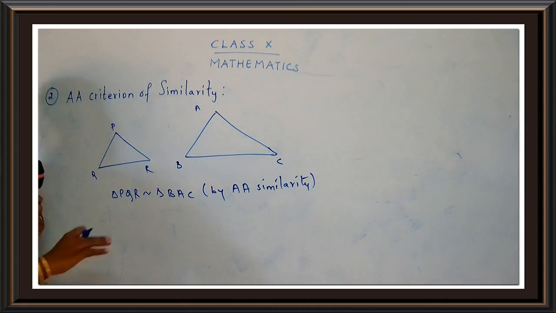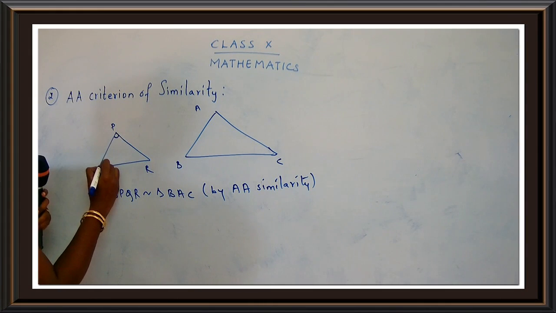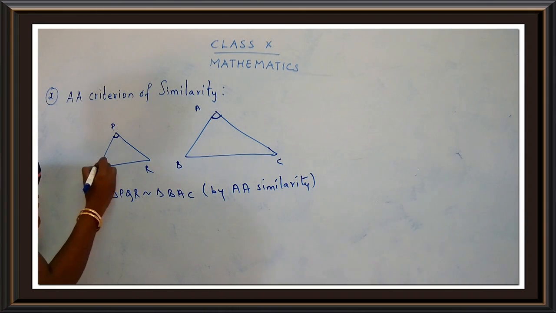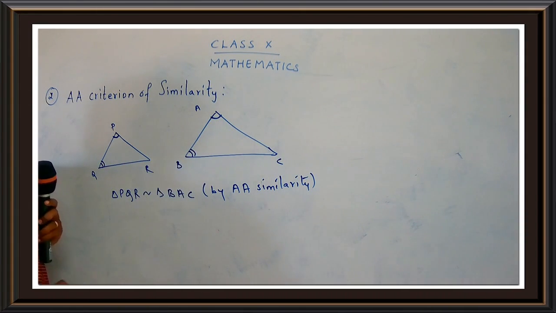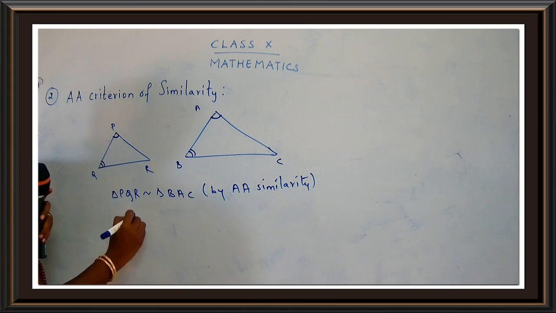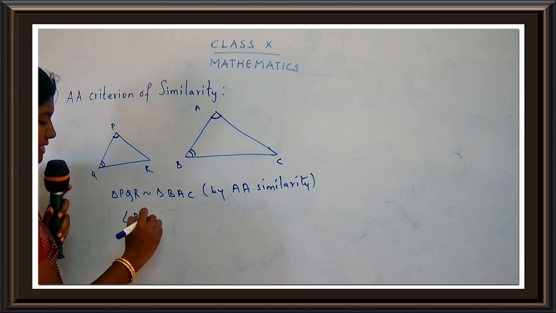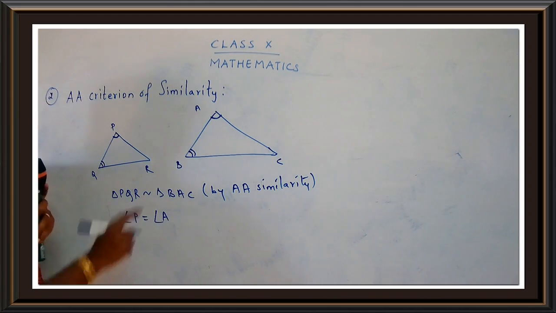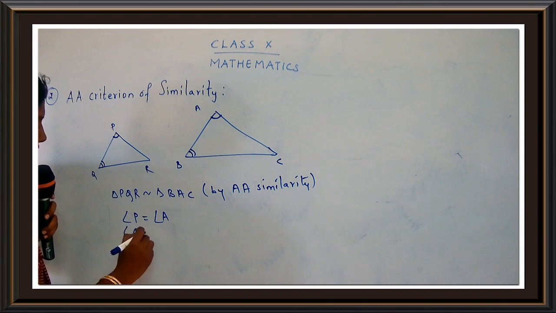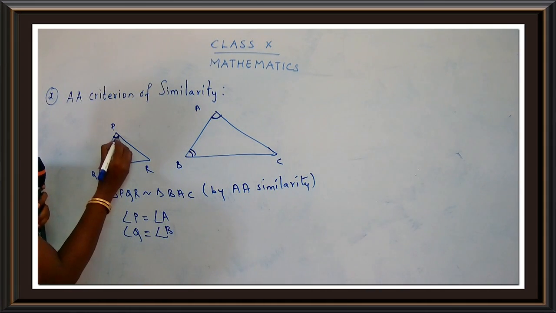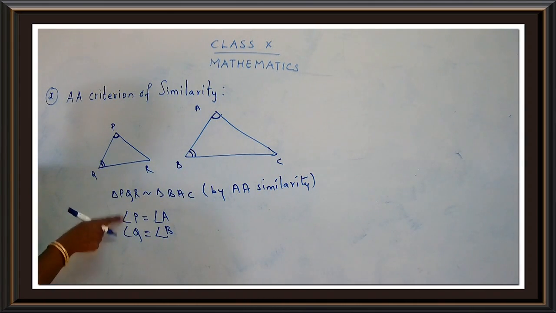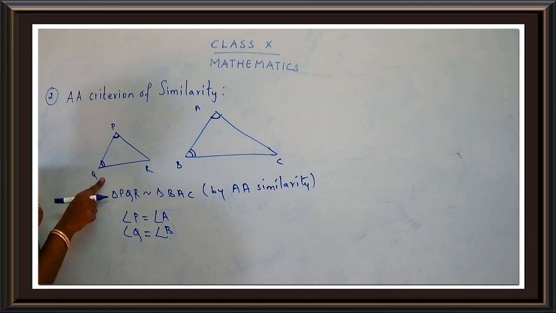That means if angle P and angle A have the same value, and also angle Q and angle B are equal, then from the figure I can say that angle P is congruent to, or equal to, angle A. Next, angle Q is equal to angle B. You can see the symbols over here. I have put one arc here and given you two angles like this. So angle P is equal to angle A, then angle Q is equal to angle B.